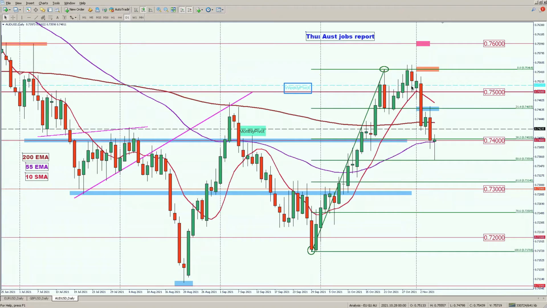So that caused the drop on the Tuesday with the dovish outlook. The Reserve Bank will wait for further data as the recovery of the economy continues with the lifting of the lockdowns.